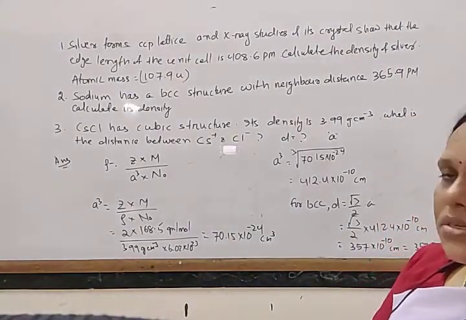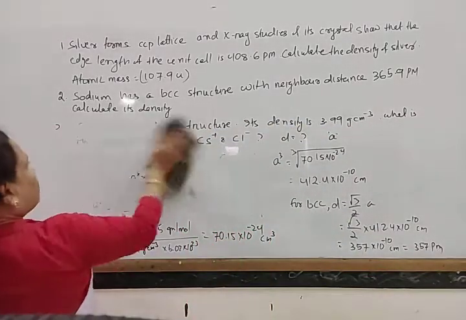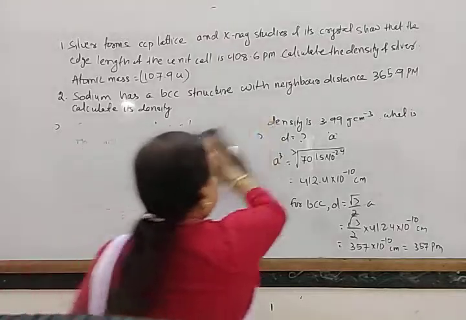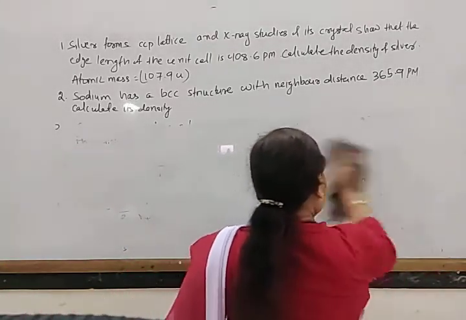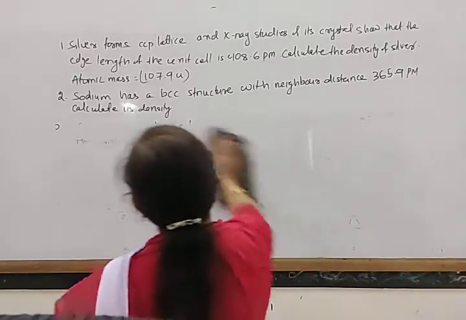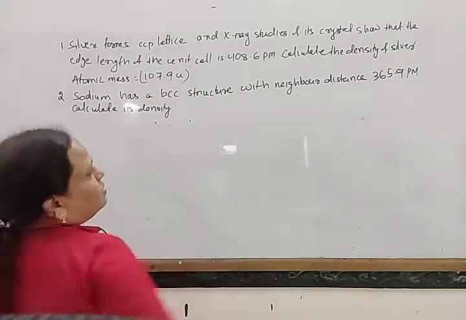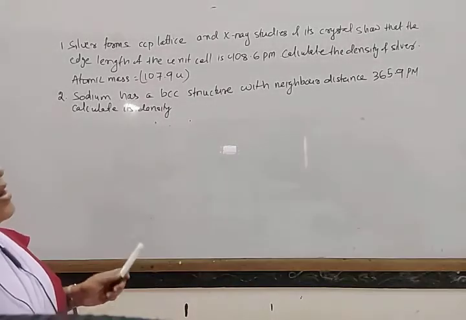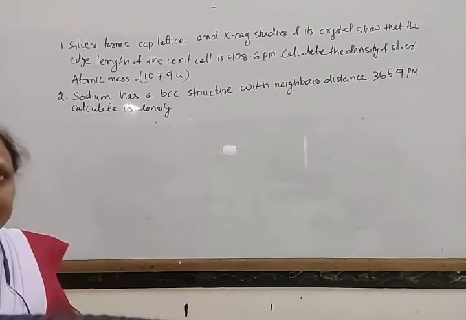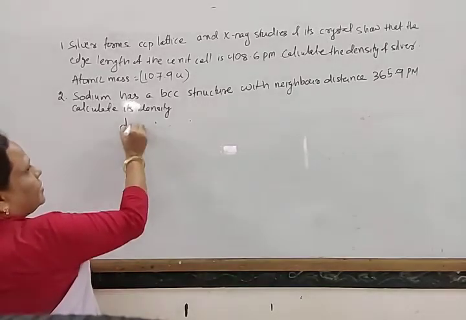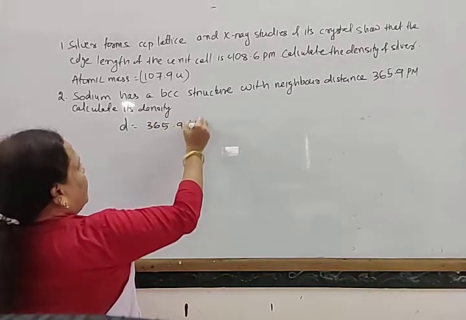Next come to question number 2. Sodium has the BCC structure with nearest neighbor distance 365.9 picometer. Calculate its density. So here it is given D equal to 365.9 picometer.